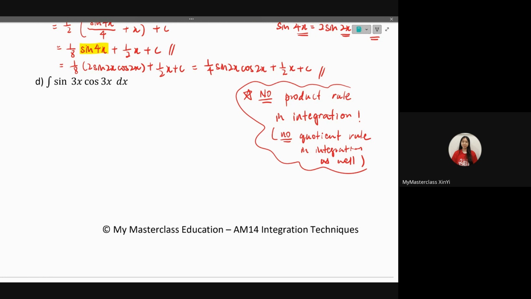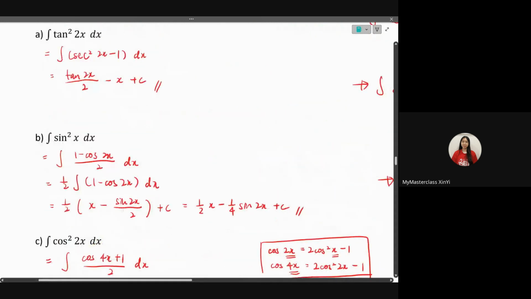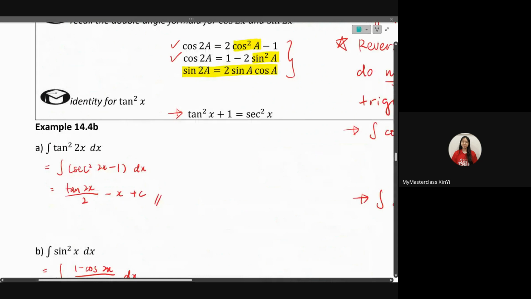So for Trigo, over here, when I see sine multiplied to cosine with the same angle, what kind of identity will give you sine multiplied to cosine? You will actually make use of this identity over here, where your sine is multiplied to cosine.